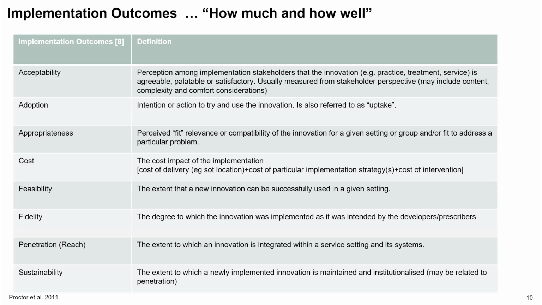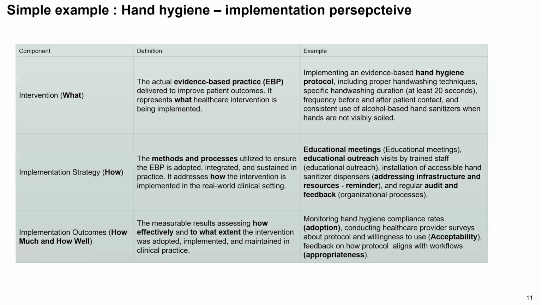So really the take-home message from this is that there are specific strategies that we use to shift evidence into practice. There are ways that we map those to key barriers within the setting where you might be practicing. And then there is a range of implementation outcomes to see how successful we are, and what we might need to do differently in the future.